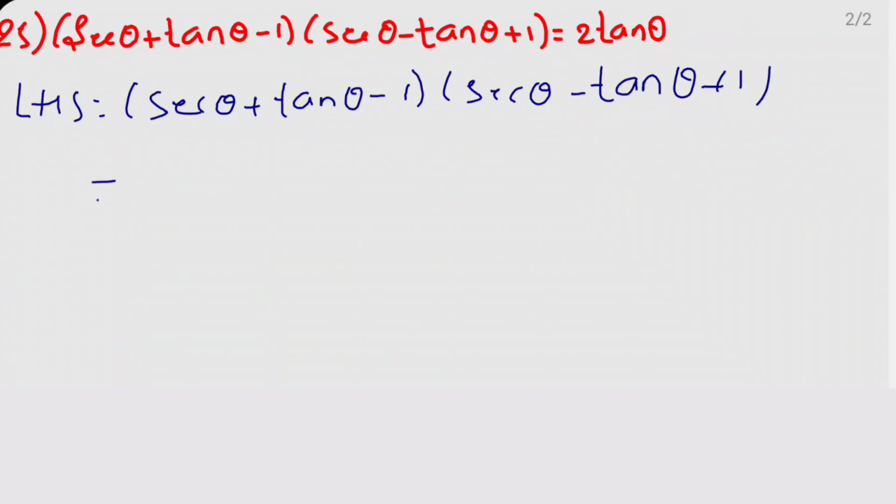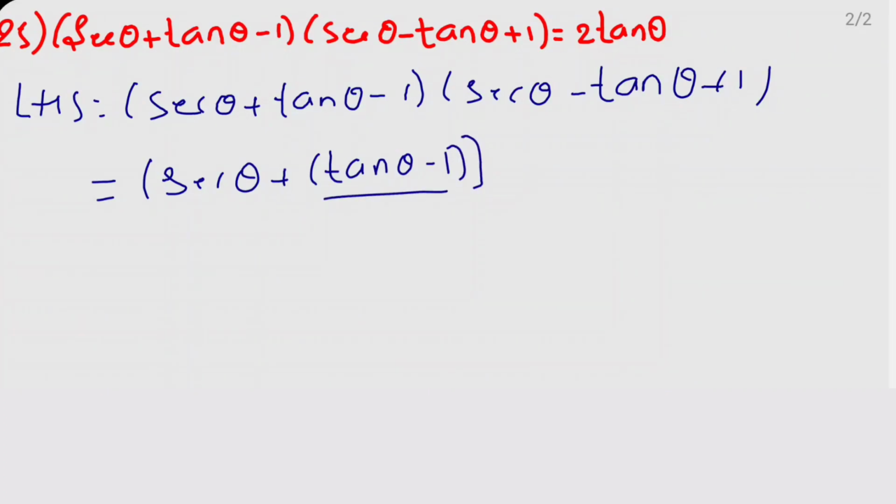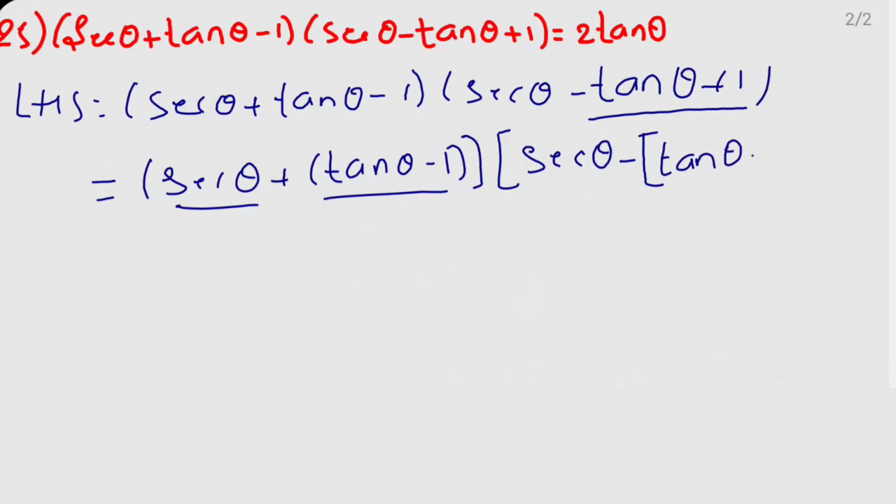Now rewrite this expression. Sec theta plus tan theta minus 1, I will make it one term and this one is one term, and here also sec theta. So in these two terms I will take minus outside, so minus tan becomes plus tan theta, and plus 1 becomes minus 1.